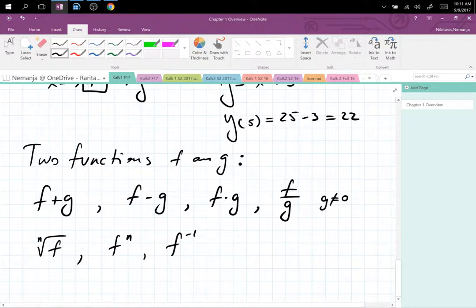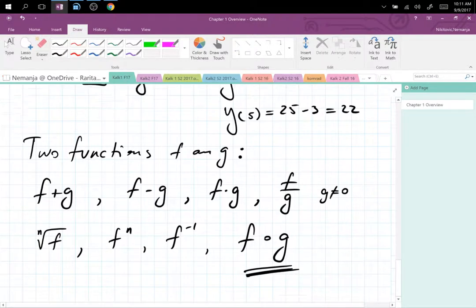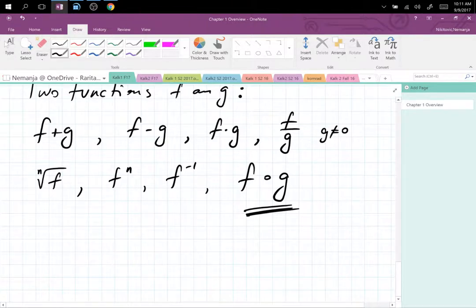You can find the inverse of the function. And function composition. That one is going to play a key role in some of the things. I mean, all of these, but function composition tends to be the most challenging for students, and one of the most important ones of all of these.